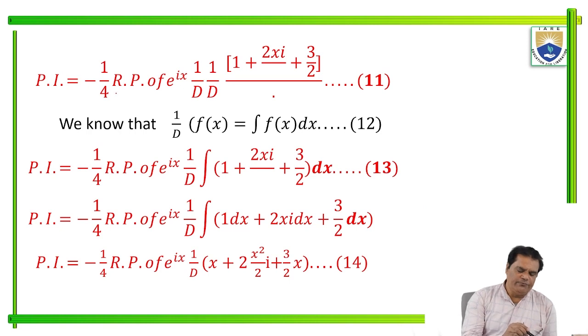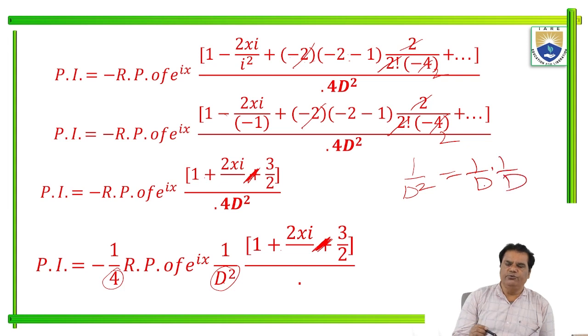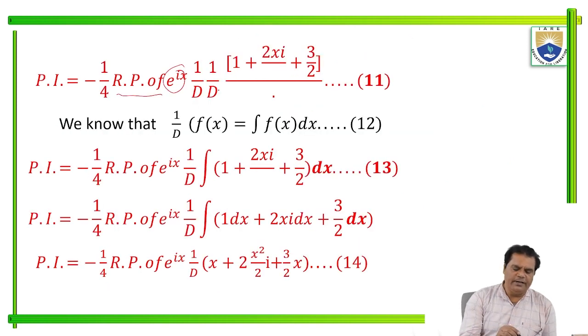Now minus 1 by 4 Rp of e to the power ix, here 1 upon d square. 1 upon d square we can write as 1 upon d into 1 upon d, two times integration. So now 1 upon d and 1 upon d, here 1 plus 2xi minus this one.